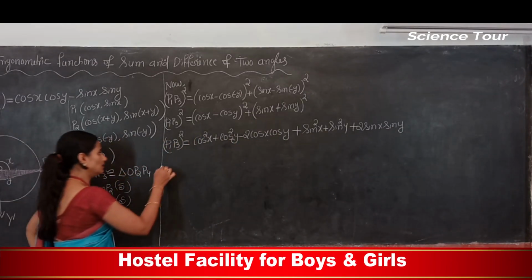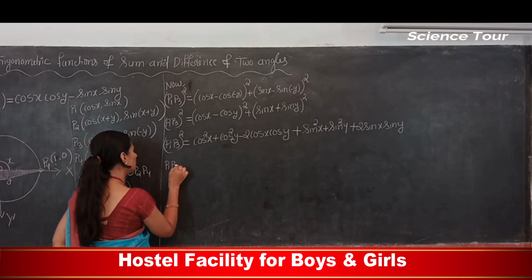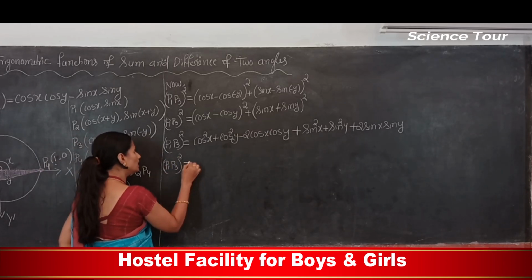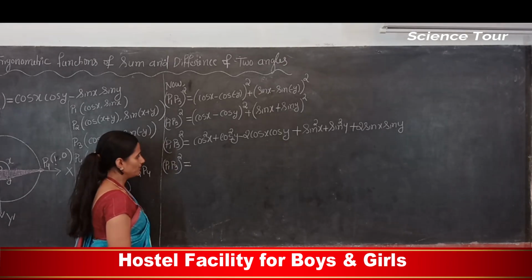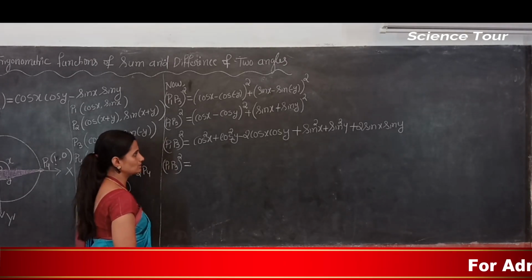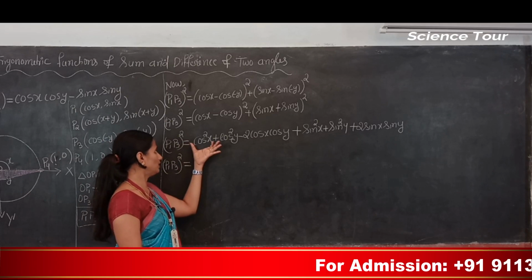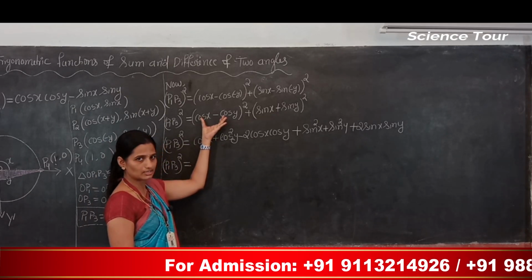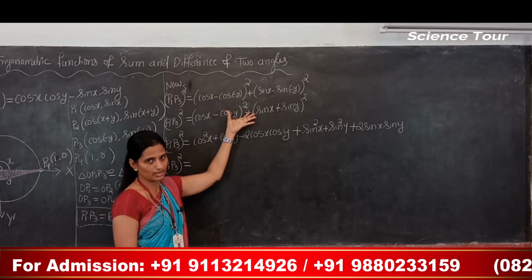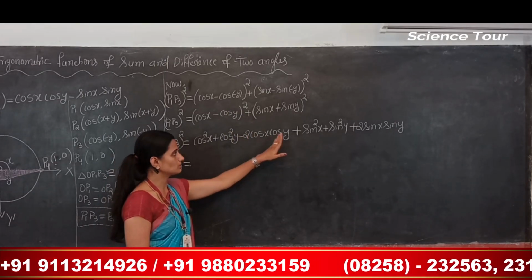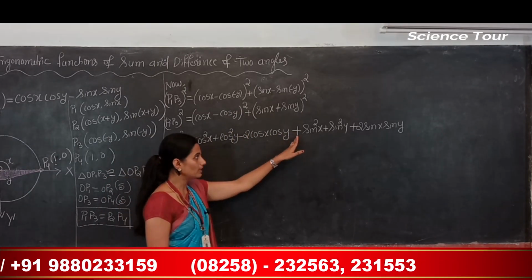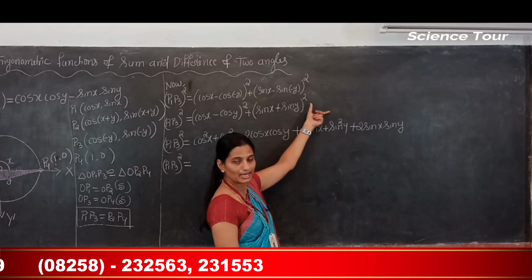Now here, P1 P3 whole square is equal to, see, if you read this, cos square x plus cos square y minus 2 cos x cos y plus sin square x.